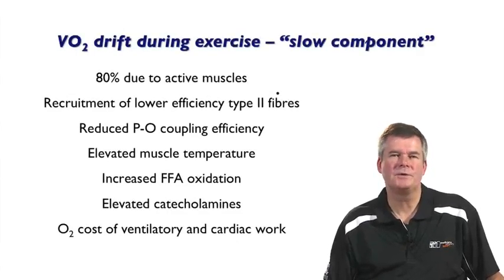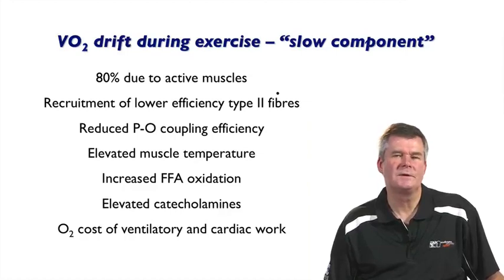What mechanisms might contribute to this increase in VO2? Well, most of it is due to changes within the active muscles themselves. 80%, and in some studies as much as 90 to 100% of the increase in VO2 during prolonged exercise at the whole body level can be attributed to changes in the active muscles.